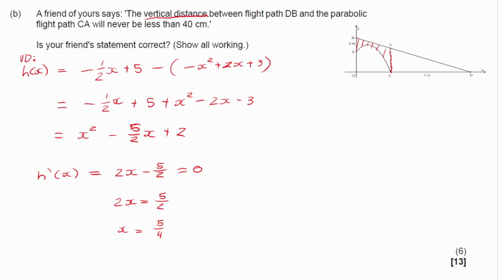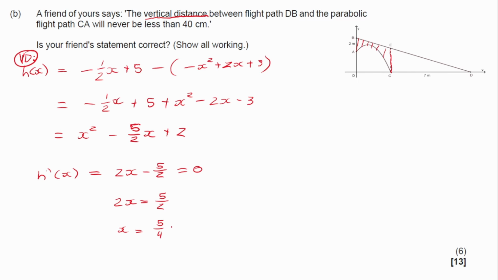So this is the x value. We need to be careful now. This is the x value where the vertical distance is a minimum. So it's only the x value. We need to find the actual minimum vertical distance, because our equation for vertical distance is given by h of x.